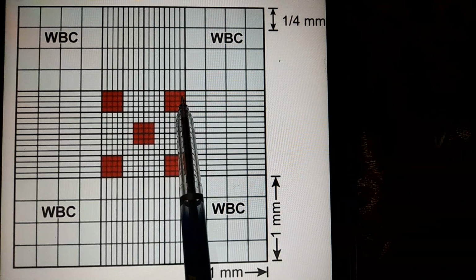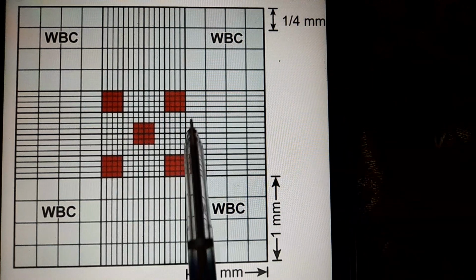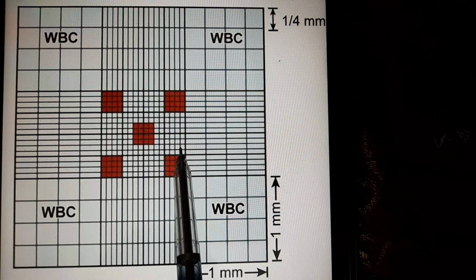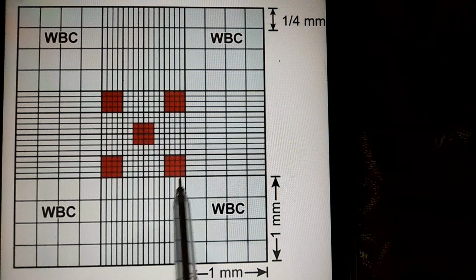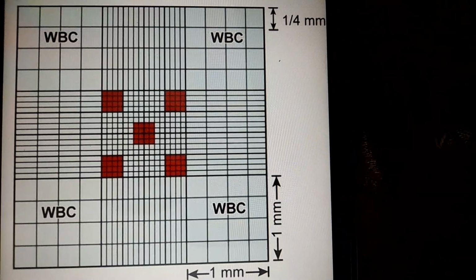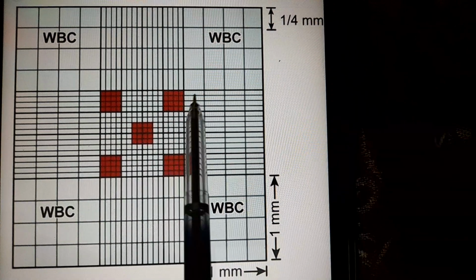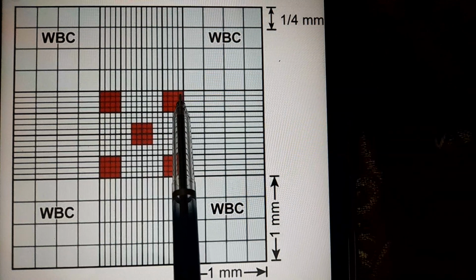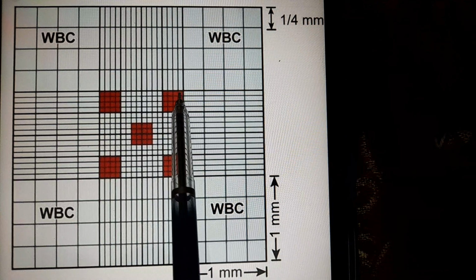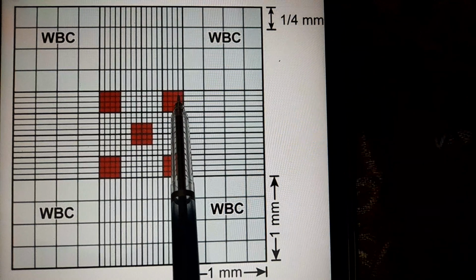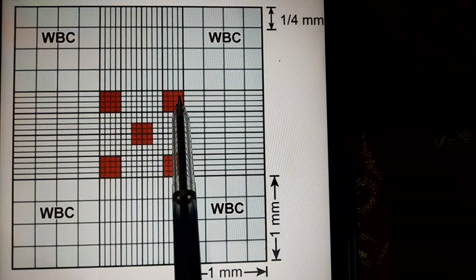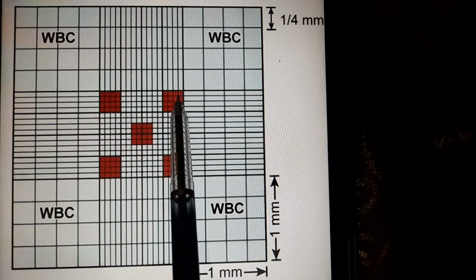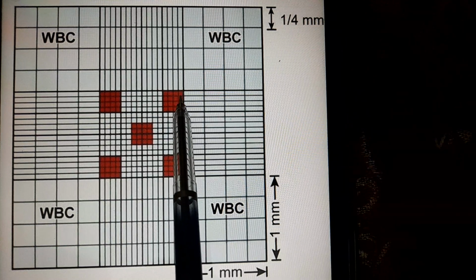So now let us count the total number of squares in this one. There are actually 20 in number. So 1 by 20 multiplied by 1 by 20 will become 1 by 400. And when we multiply it with the depth, it will become 1 by 4000 millimeter cubed. And this will help us to determine the amount of the red blood cells that are located here.